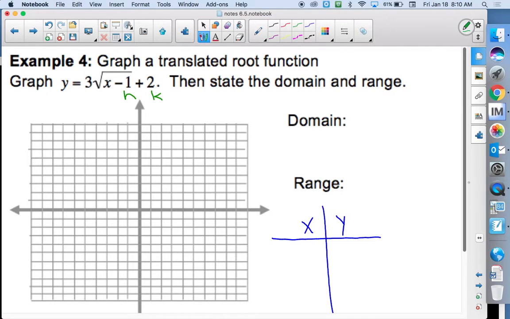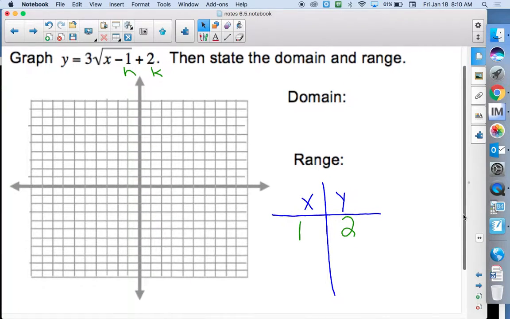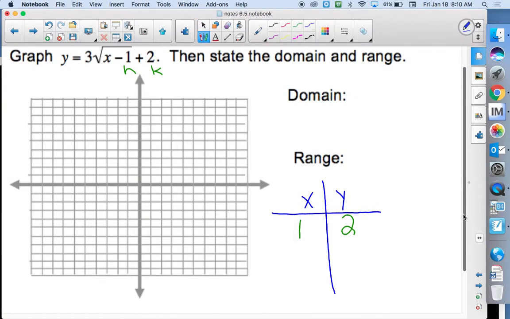Remember, you're taking the opposite of h. So the h is 1 and the k is 2. That is your starting point for a square root graph, because a square root graph is the one that hooks to the right. It's just half of the graph because it's just the positive values. So this is where our graph starts. That h and k would always be where the graph is going to start.